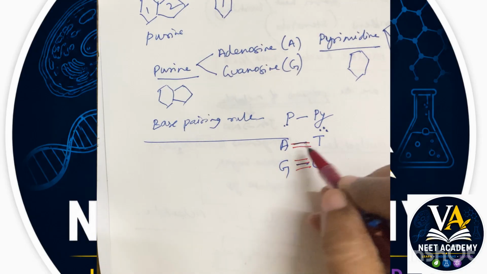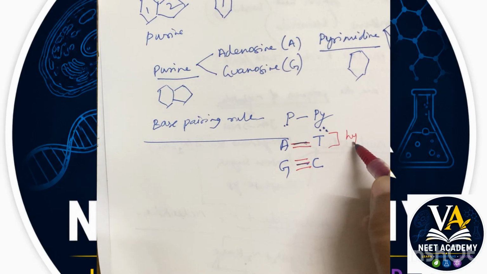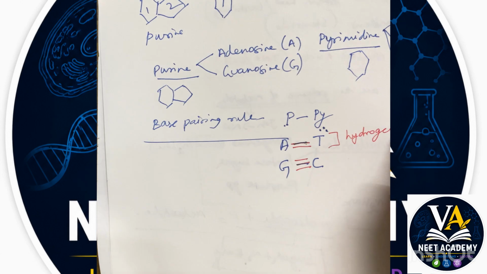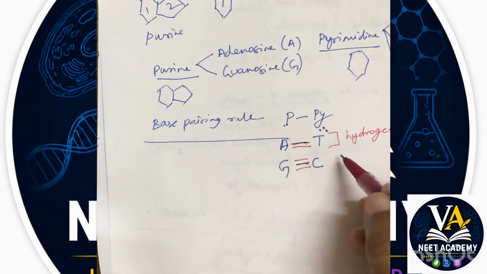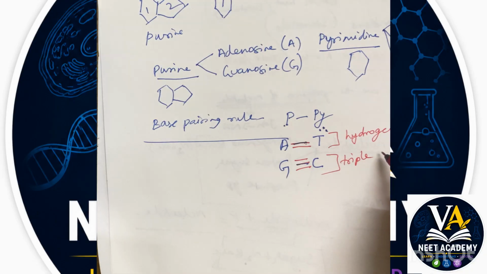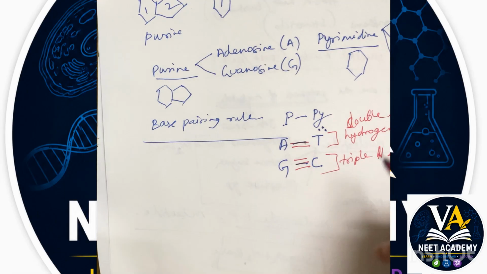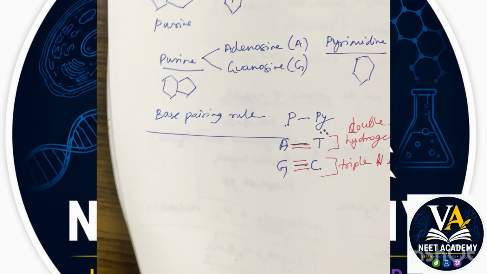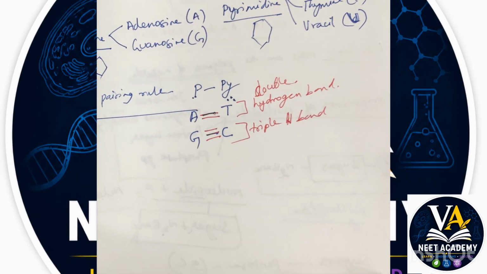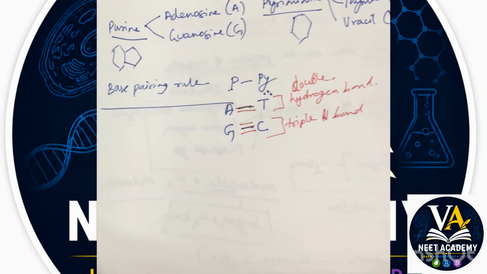So, the pairing happens with the help of hydrogen bonds. This pairs with a triple hydrogen bond, and this pairs with a double hydrogen bond. A pairs with T and G pairs with C. A-T has a double bond, G-C has a triple bond.